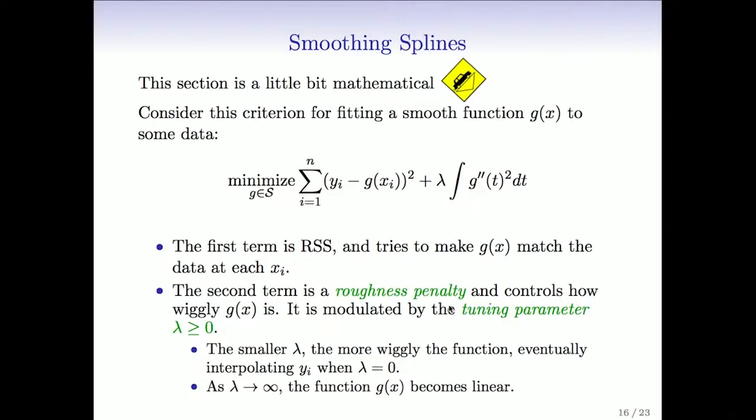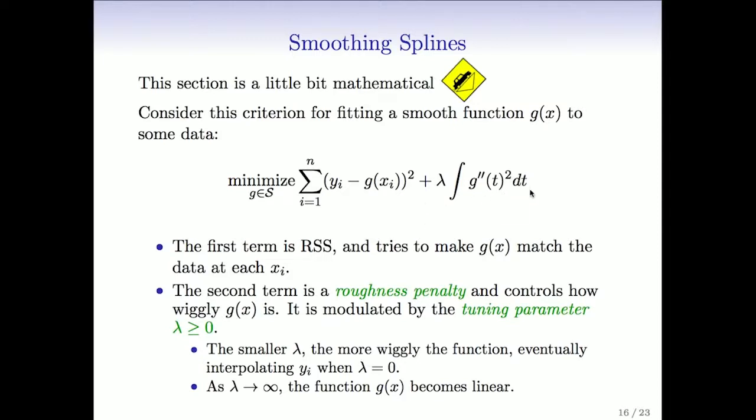On the other hand, as lambda gets really large, if it goes off to infinity, we pay a big price for any contribution from this term, and the function will eventually be forced to be linear. Because a function that's linear has second derivative 0, so this term would be 0. If lambda gets to infinity, we'd have to make this 0 to not be overwhelmed by the penalty, which means the function's got to be linear.